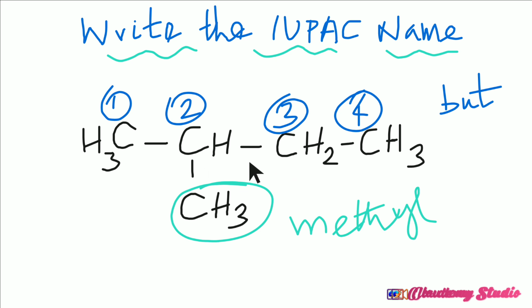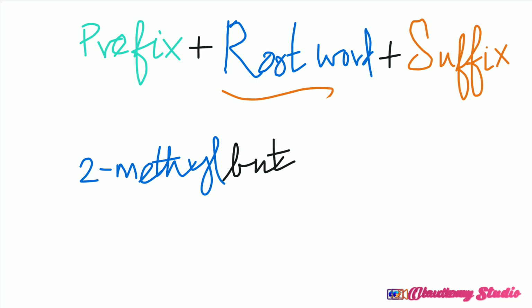So everywhere between the carbon atoms, the bond is a carbon to carbon single bond. If a carbon to carbon single bond is present, the suffix will be ane. So we need to write the suffix here, ane. I'm choosing another color: but, ane.